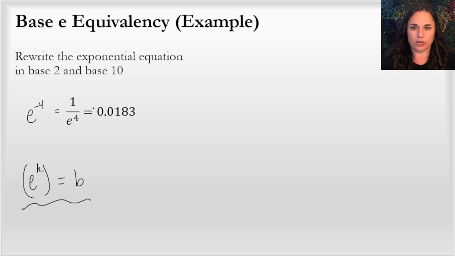We know e to the negative 4th power equals that value, 0.01383. You can plug it into your calculator. It's kind of trivial. But what the problem's asking us is, 2 to what power equals this? And more specifically, what I want you to realize here is that e to the negative 4th power equals 2 to some power.